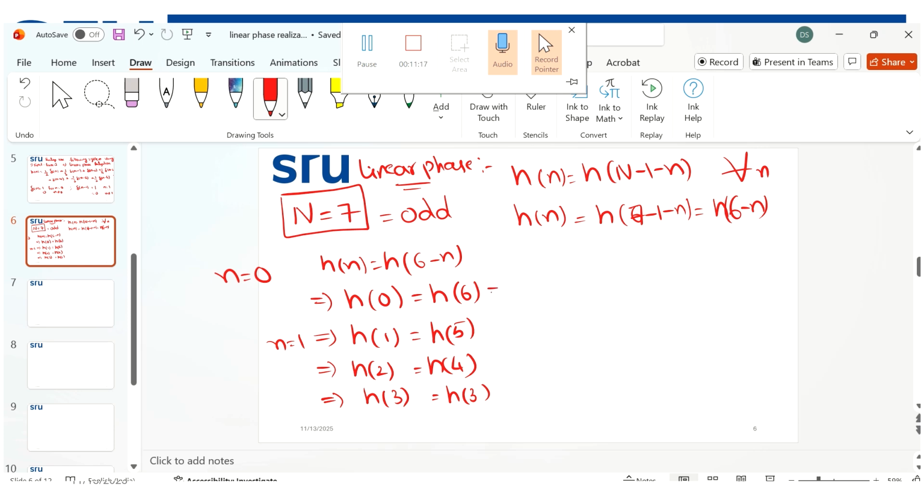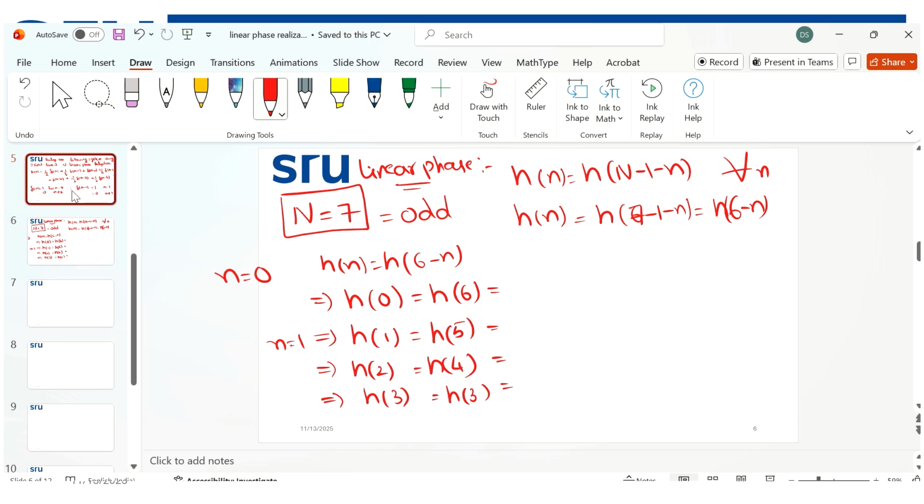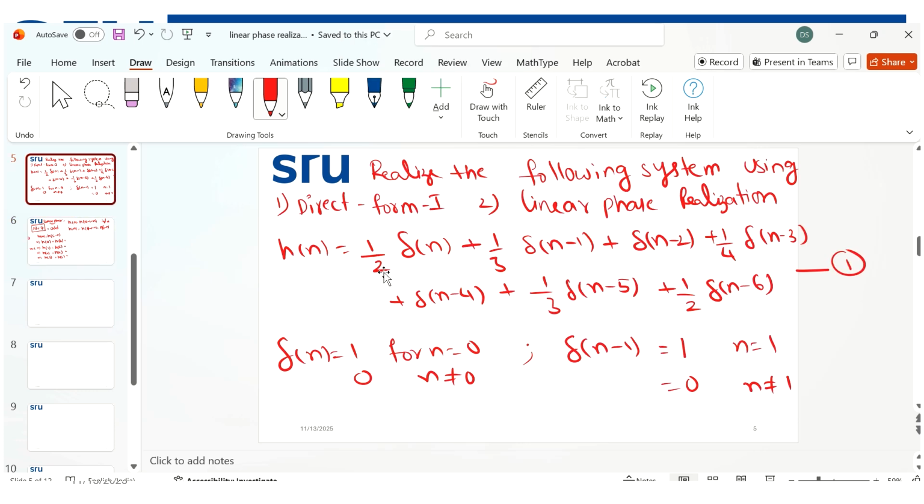Now, from the given expression, see, first coefficient n equal to 0. For n equal to 0, what is the coefficient I have? 1 by 2. Now, check the last coefficient. What is the coefficient I have? 1 by 2. Now, it is 1 by 3 and it is 1 by 3. Then here it is 1, here also it is 1, right?